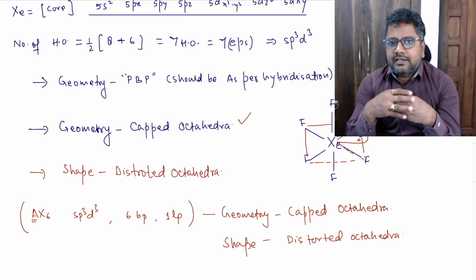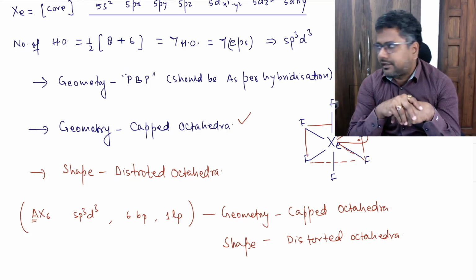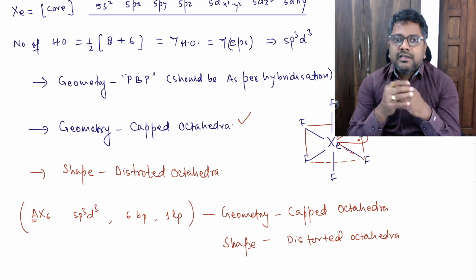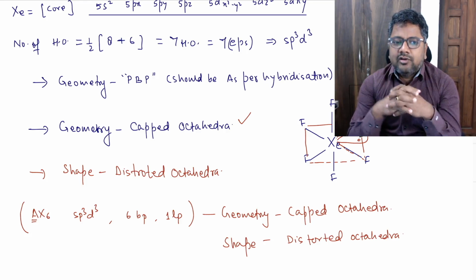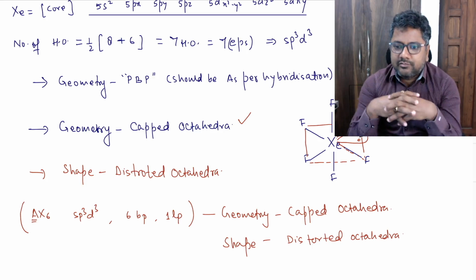So see, mere finding of hybridization is not everything for the study of any molecule. Study of any molecule includes every aspect, such as what electronic repulsions it has.